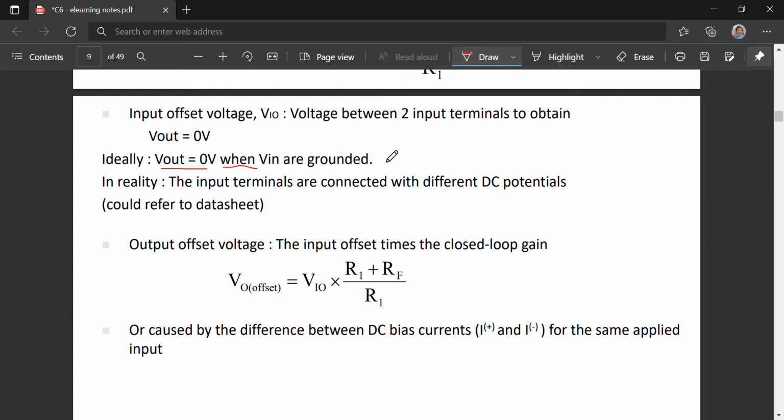The value of the output offset voltage can be calculated with the following equation. It is caused by the difference between the DC bias input currents for the same applied input.